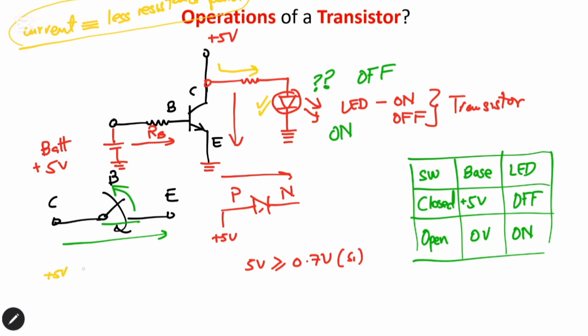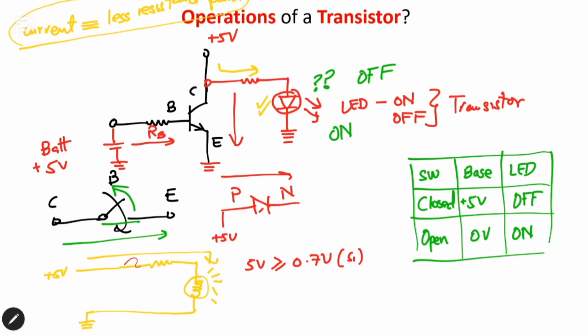Imagine you have positive 5 volts connected to a resistor and connected to a light bulb, and it is connected to the ground. Current will flow in this path to light up the lamp.